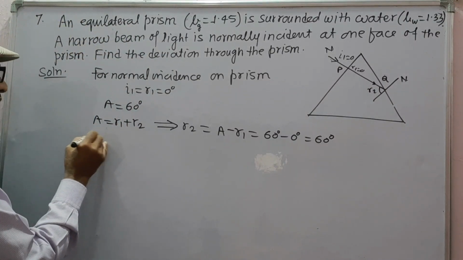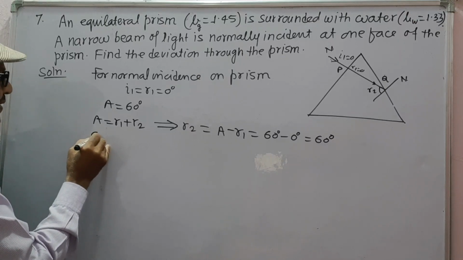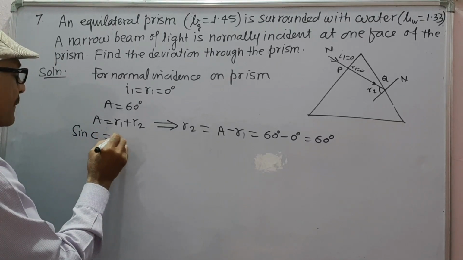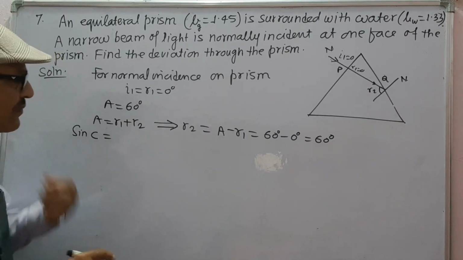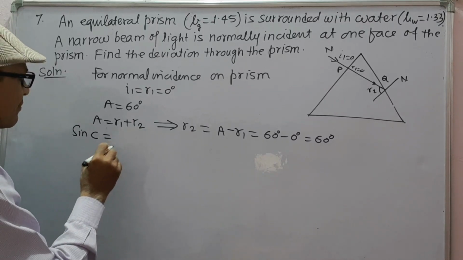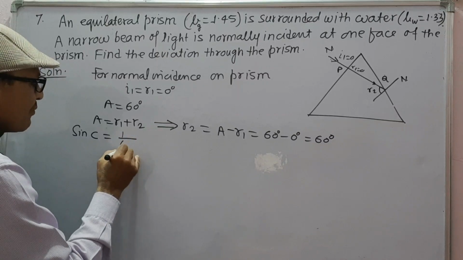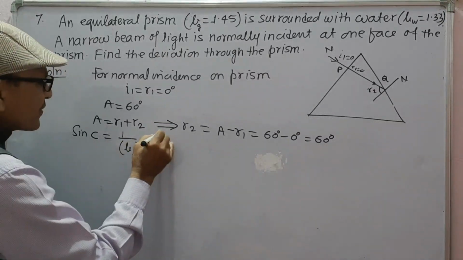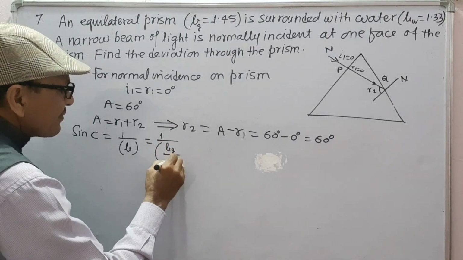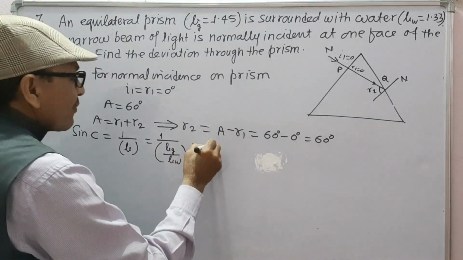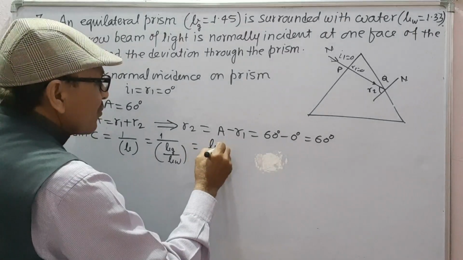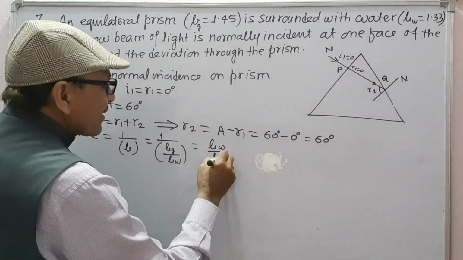Now critical angle sin C will be equal to 1 upon mu, which is 1 upon mu glass upon mu water, or this is mu water upon mu glass.